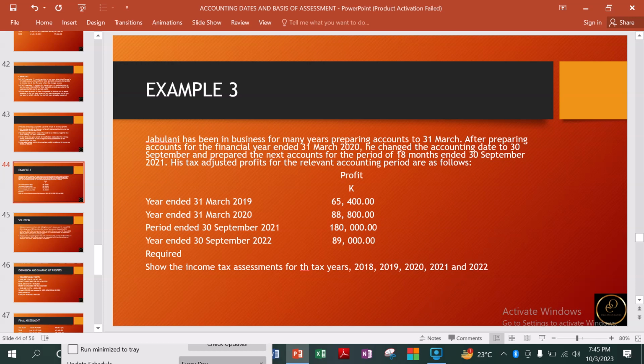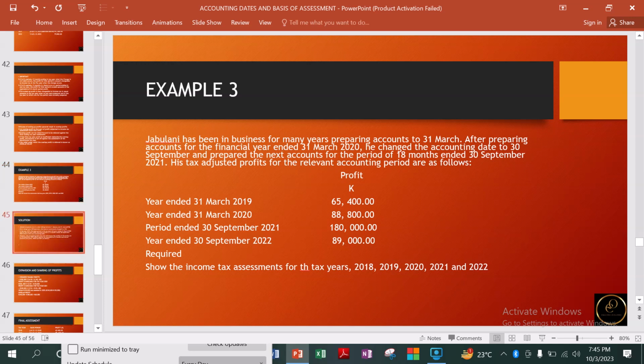Then you have the normal period to 30 September 2020, which is 12 months, 89,000. Again, my approach is first of all to look at the key points that we need to look out for under this particular example.